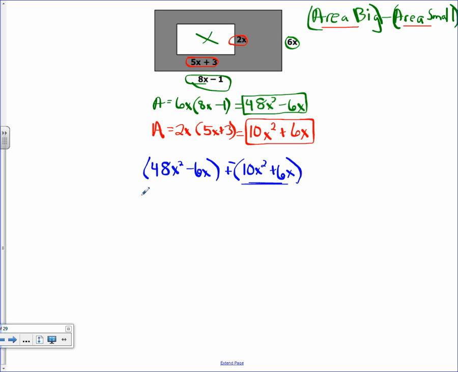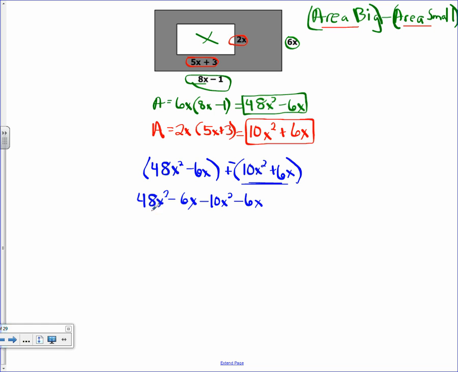Okay, so to rewrite this now, we can write 48x squared minus 6x. Nothing happens to the first one, but then that's going to become plus a negative 10x squared, or you can just write it as minus 10x squared. And then this is going to become a minus as well, instead of a plus, so minus 6x. Or you could write plus negative 10x squared and plus negative 6x.